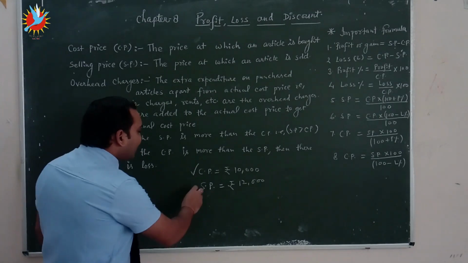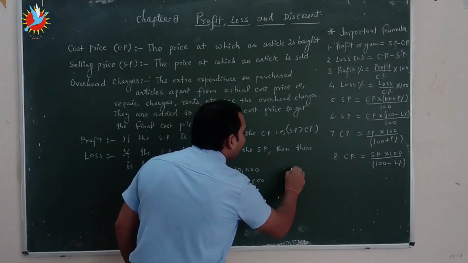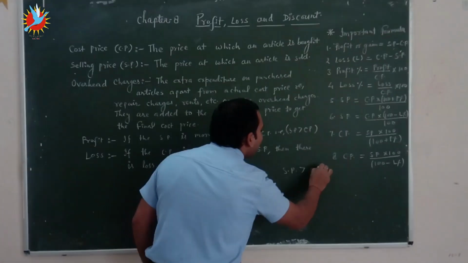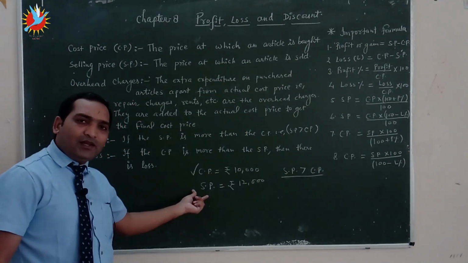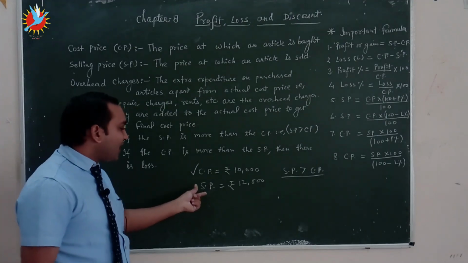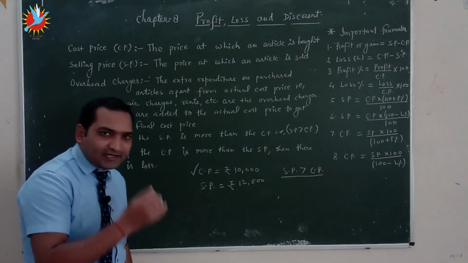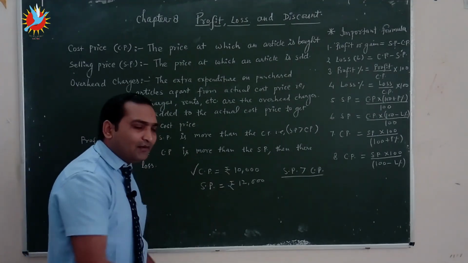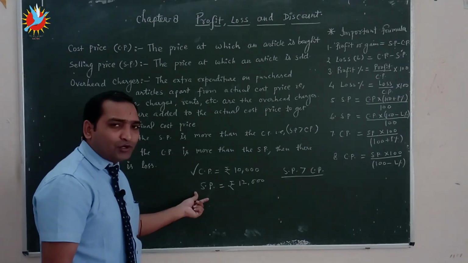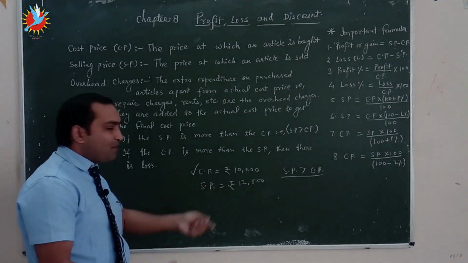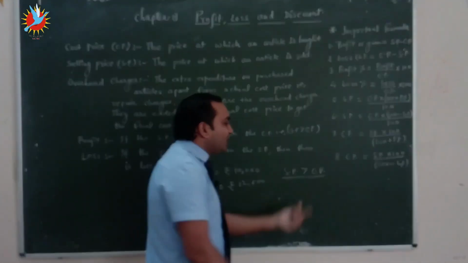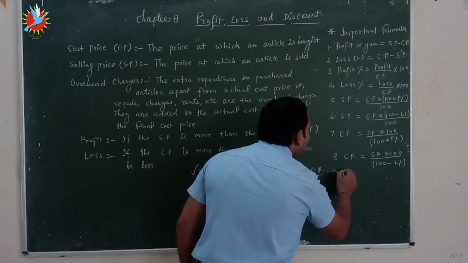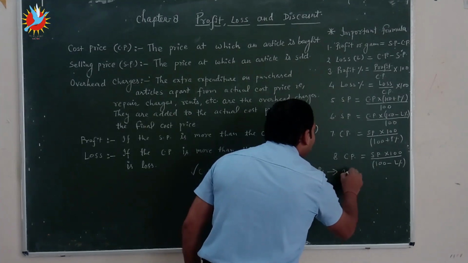So when the selling price is more than the cost price, we can say that we are in profit, because we purchase for less and sell for more, so we get 2,000 rupees profit. When the selling price is more than the cost price, we are in gain.